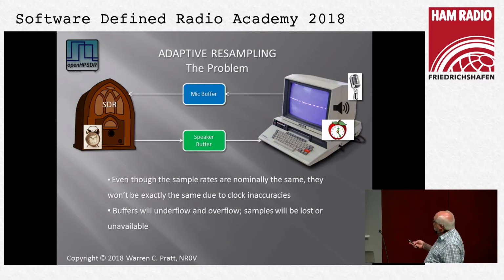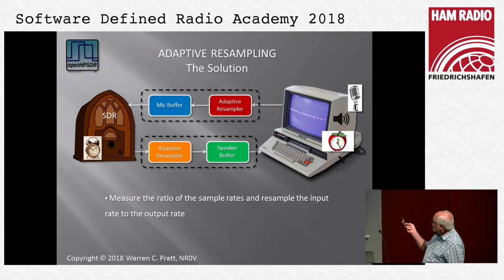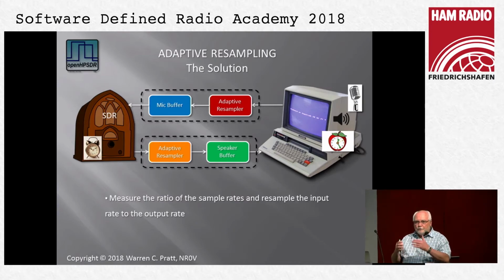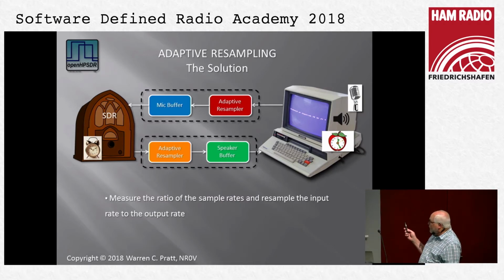So the way we solve that is by putting adaptive resamplers in these paths. And the job of these adaptive resamplers is to sense the difference in the ratio of the sample rates, because they're not exactly the same, and to resample those samples as they go through to provide the right output sample rate.